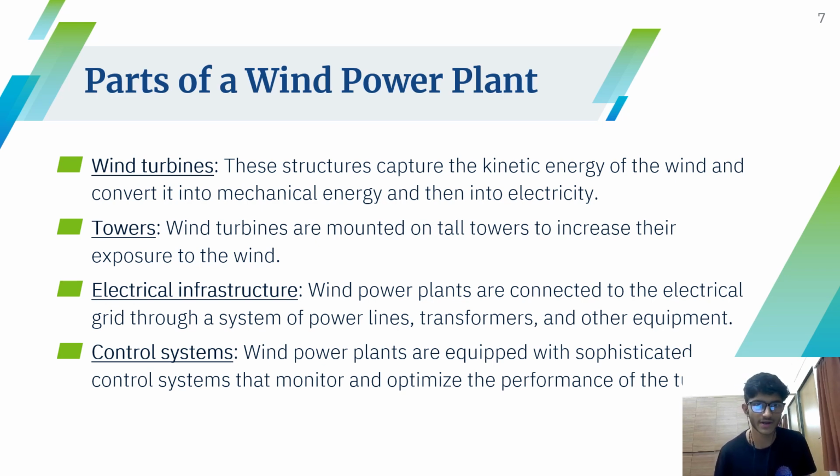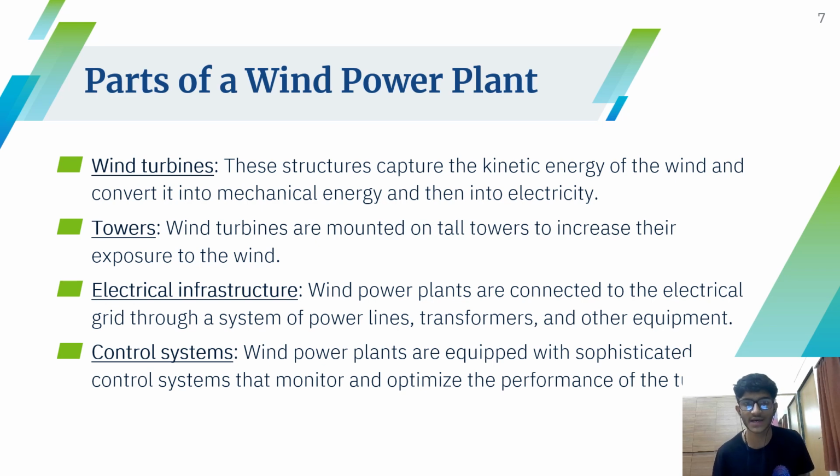Next, we have electrical infrastructure. Wind power plants are connected to the electrical grid through a system of power lines, transformers, and other equipment. This infrastructure enables the electricity generated by the wind turbines to be transmitted and distributed to the consumers. Lastly, we have control systems.